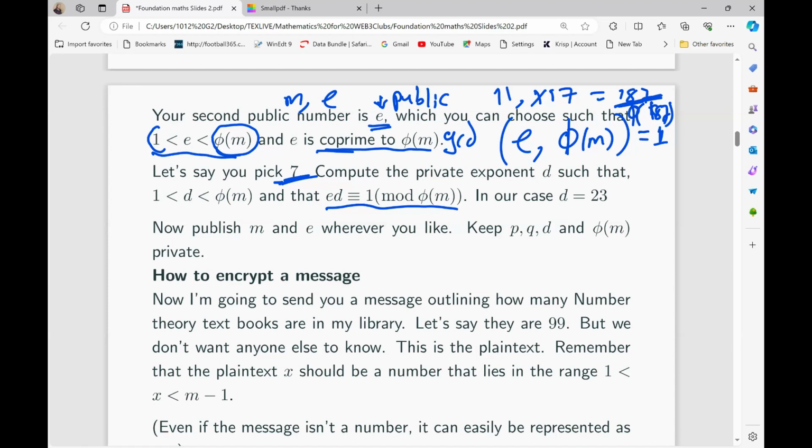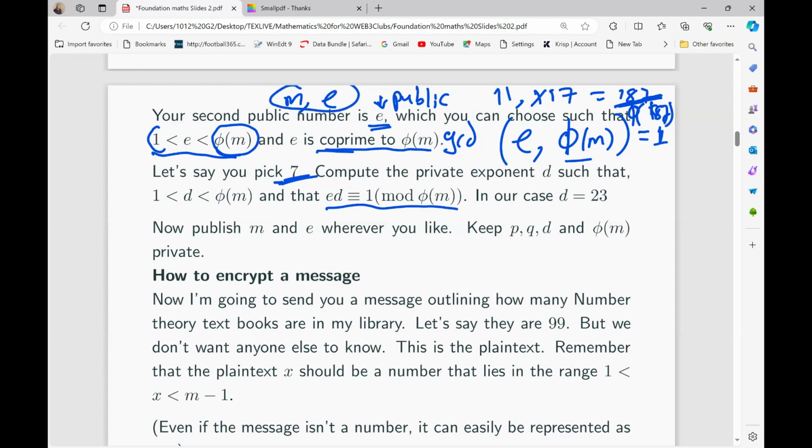After picking those 2 prime numbers, you found phi of M, and then picked another number which is relatively prime to this. That number, you will send it to me. It's also a public key. You will publicize it. Anybody who wants to send you a message, let him have these 2 numbers.